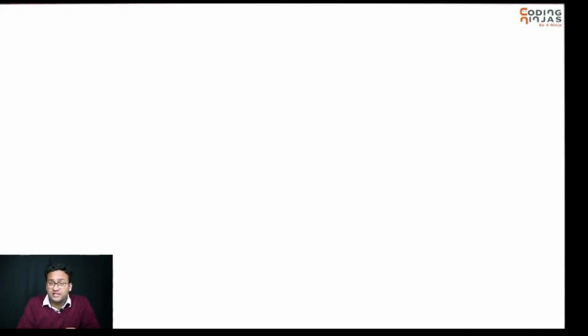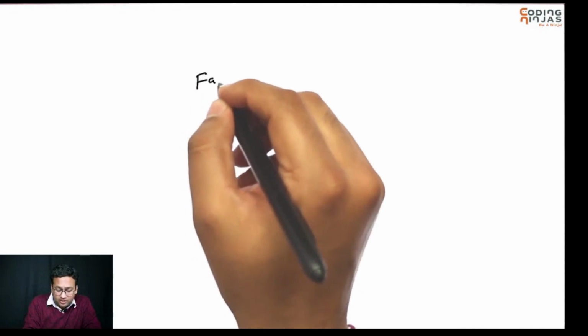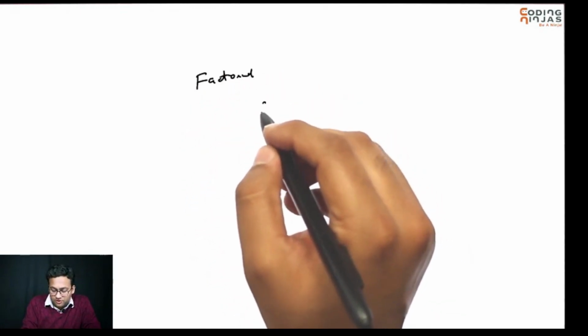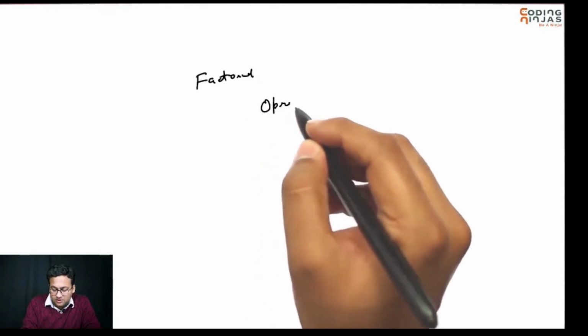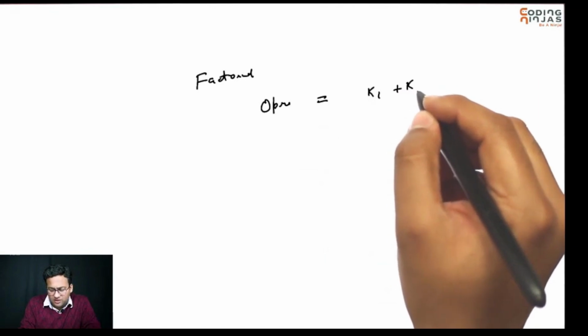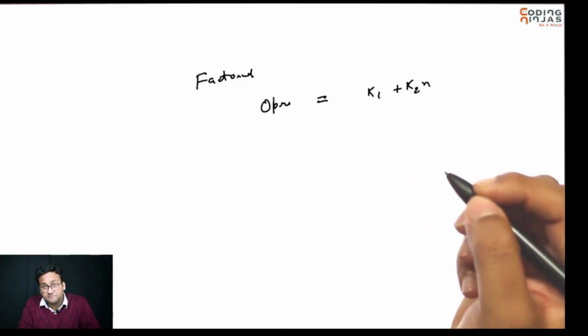Now let's just quickly see, in case of factorial, the operations required for factorial were k1 plus k2n, right?